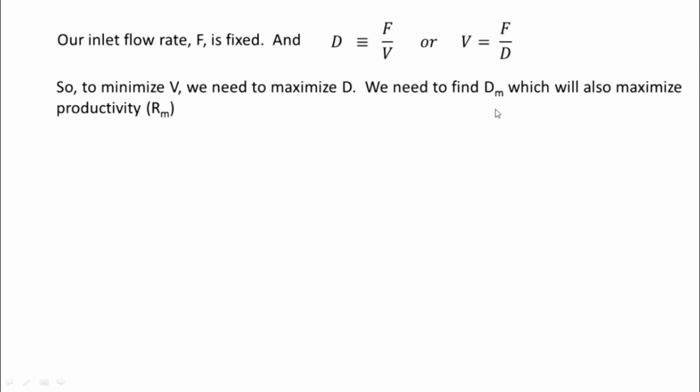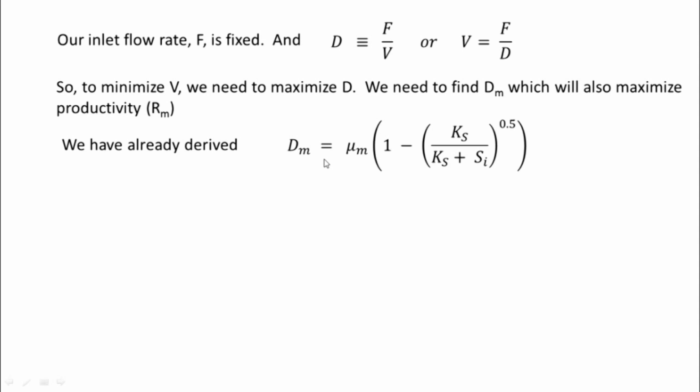So we need to find essentially Dm, which will also maximize the productivity, because Dm into X, or mu m into X, was our productivity. So that will also maximize productivity. We have already derived our Dm as mu m times 1 minus square root of Ks by Ks plus Si, that we have already derived in our previous lecture.